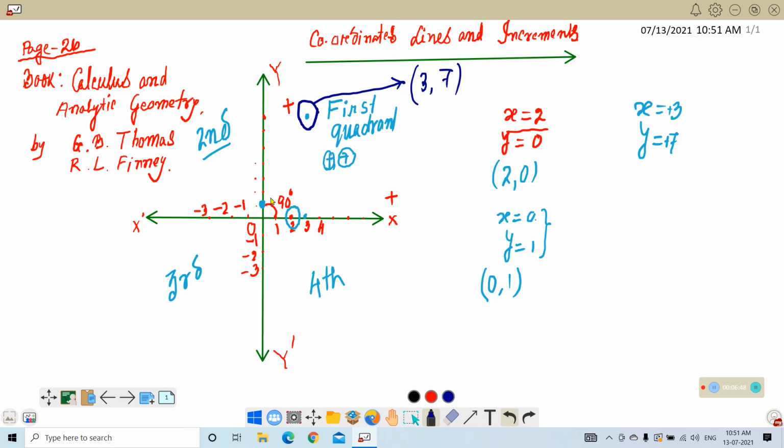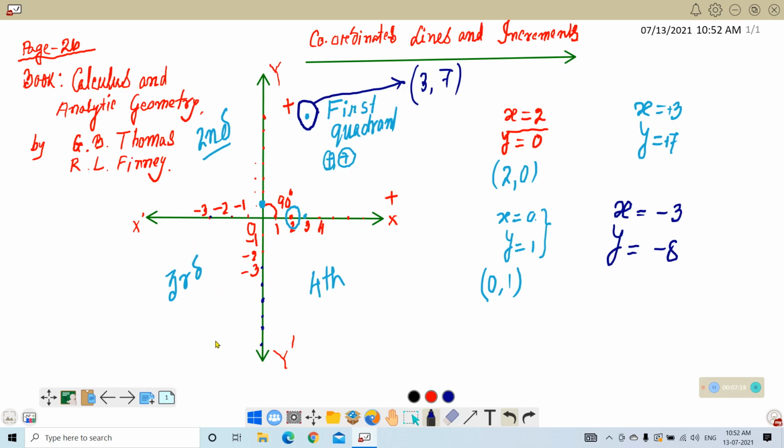Suppose x is equal to -3 and y is equal to -8. So along the x-axis we go 1, 2, 3, that is -3, and along the y-axis we have to go -8: 1, 2, 3 up to this 3, -4, -5, -6, -7, -8.